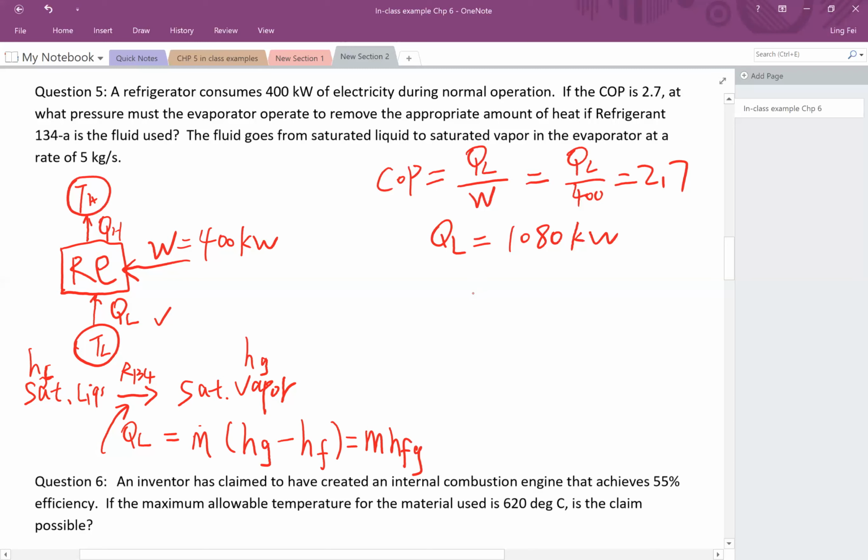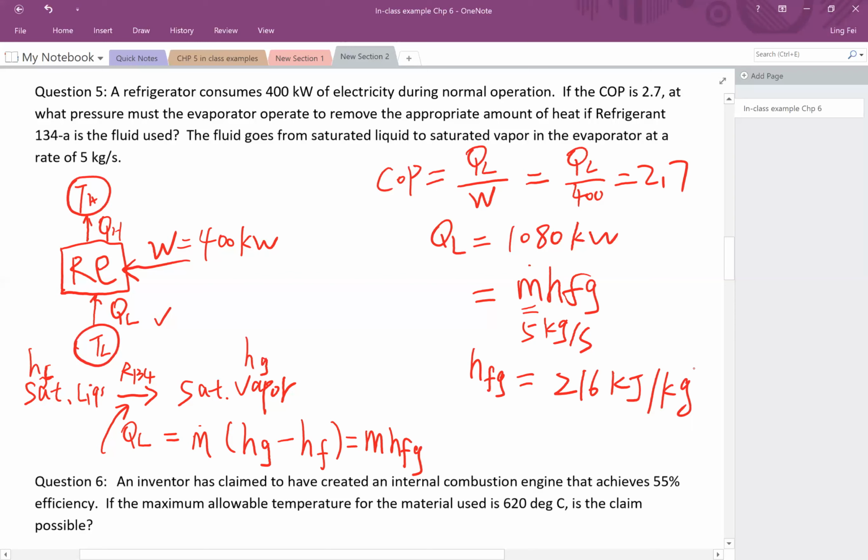So your mass flow is 5 kilograms per second. So your HFG will be equal to 1080 divided by 5, which is around 216 kilojoules per kilogram.